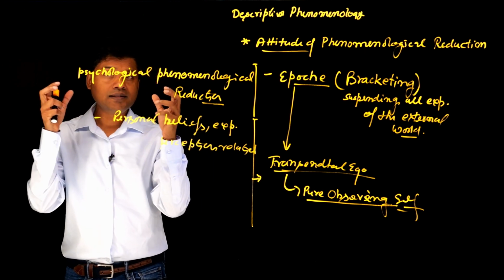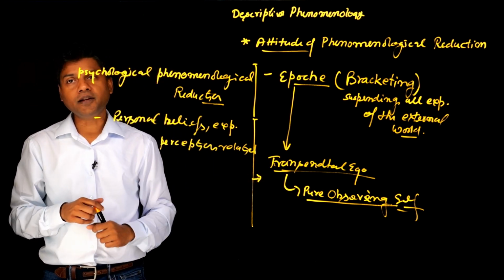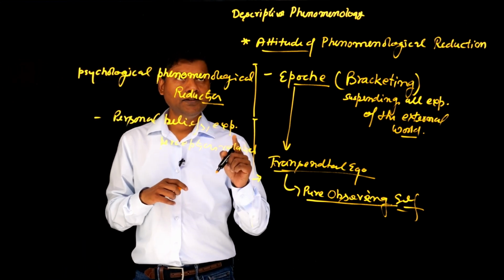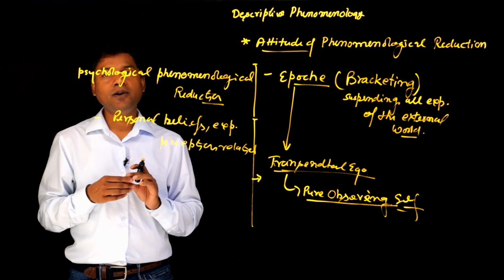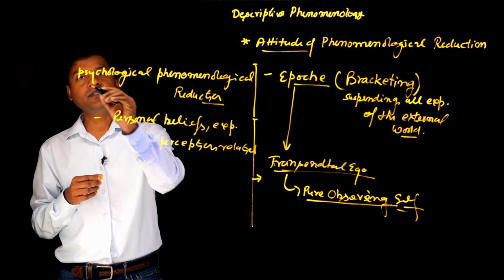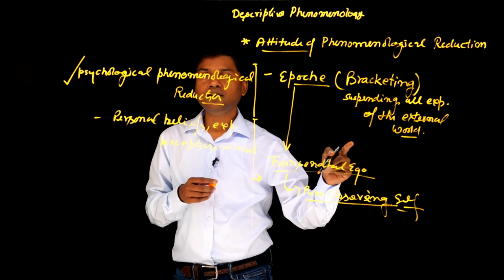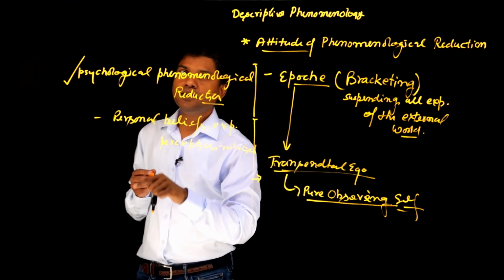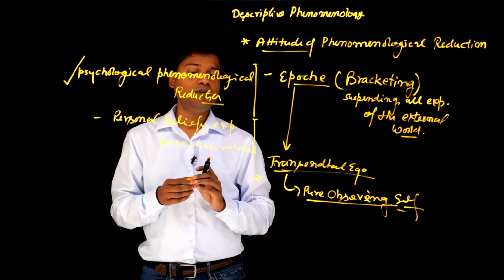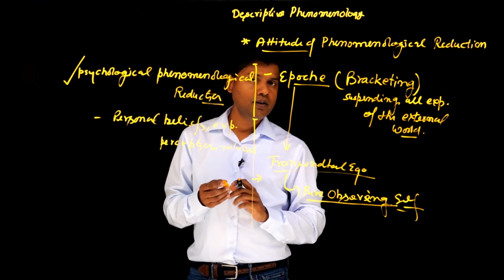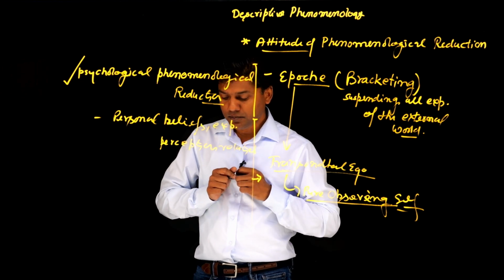That is the second characteristic of descriptive phenomenology, where instead of using bracketing, you use psychological bracketing or psychological phenomenological reduction as a way to observe objects and people.